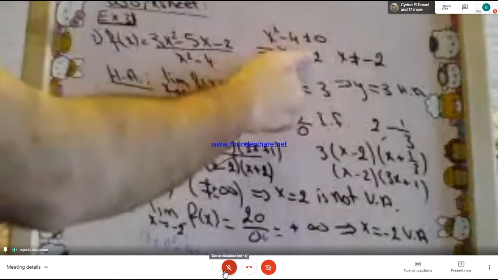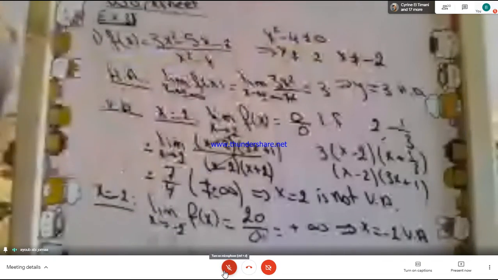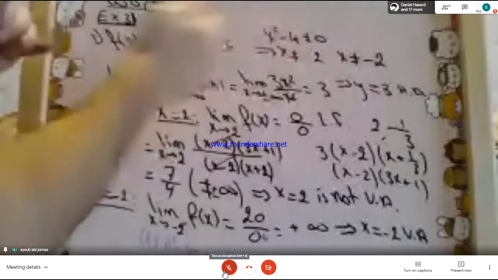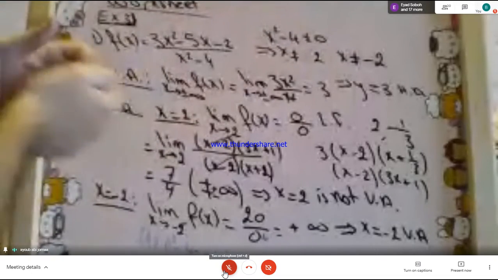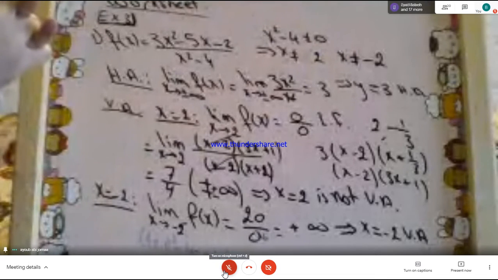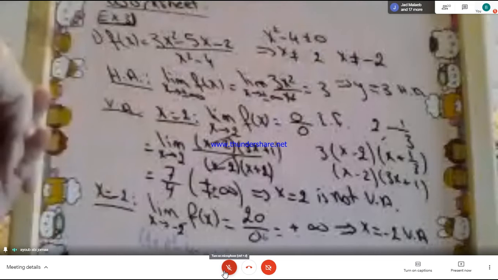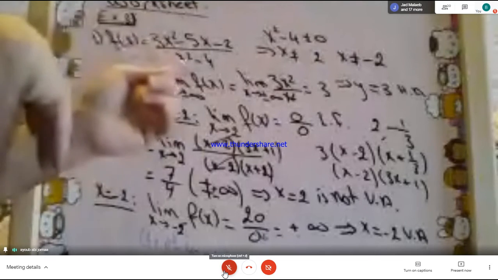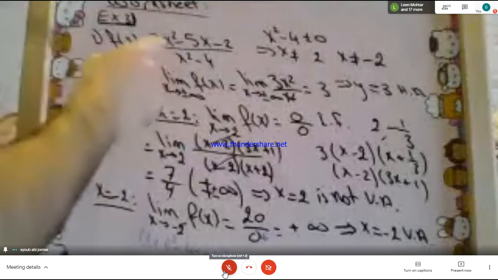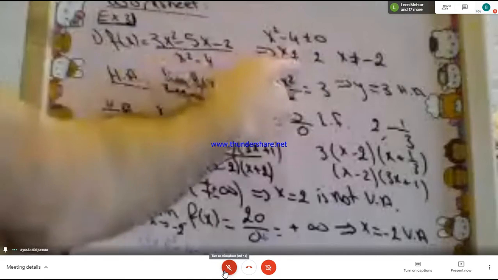So you have to find the limit as x approaches 2 and the limit as x approaches negative 2, each one separately. We may have not only one or two, we may have an infinite number of vertical asymptotes, depending on the number of solutions of this equation. Anyways, 2 and negative 2.